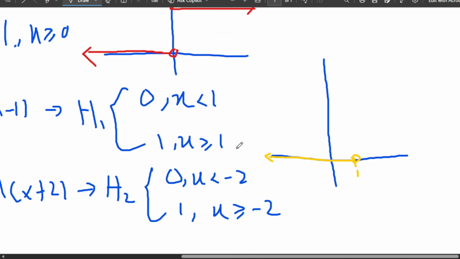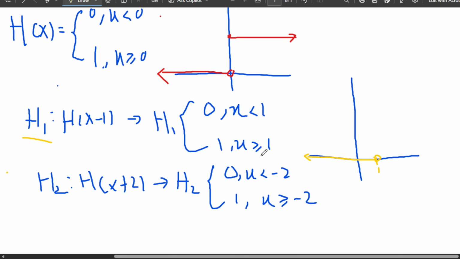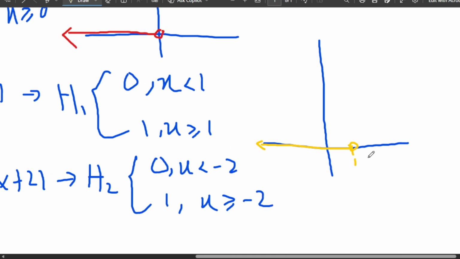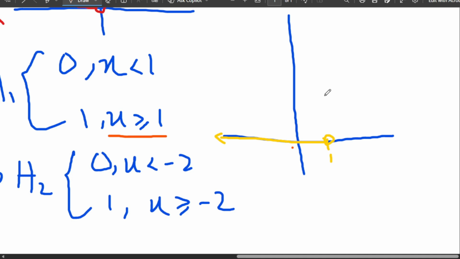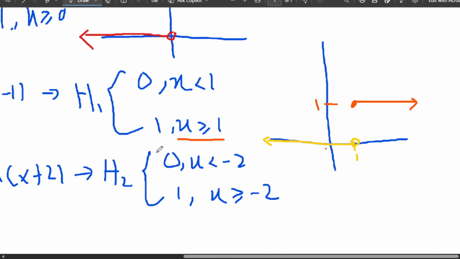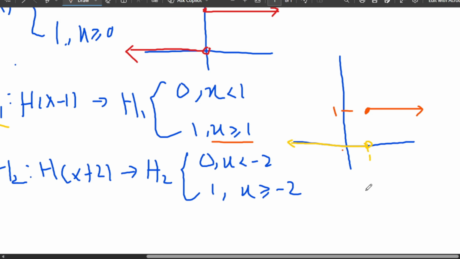When x is greater than or equal to 1, let's draw it as yellow then. It will be here, so this is 1, and this is our h1 when x is greater than or equal to 1.